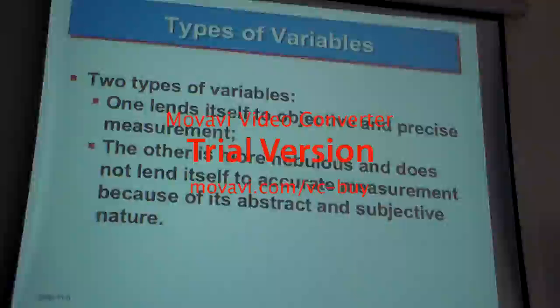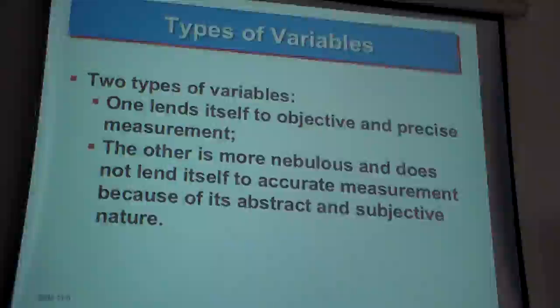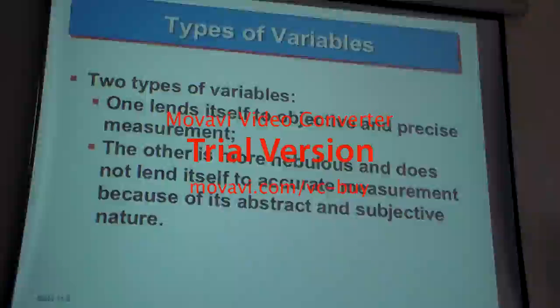Here we discuss the types of variables. We discuss types of variables in terms of measurement. It's not like the four types that we studied in the third lecture.